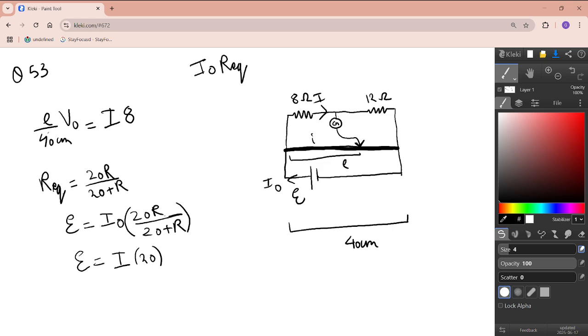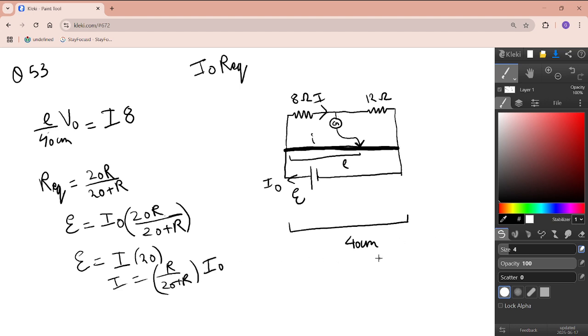So I is equal to epsilon by 20. epsilon की वैल्यू ये रही. तो epsilon की वैल्यू ये रही, तो अब हम इसमें से 20 काट देंगे. तो आई नॉट या R अपॉन 20 प्लस R टाइम्स आई नॉट हो गई.